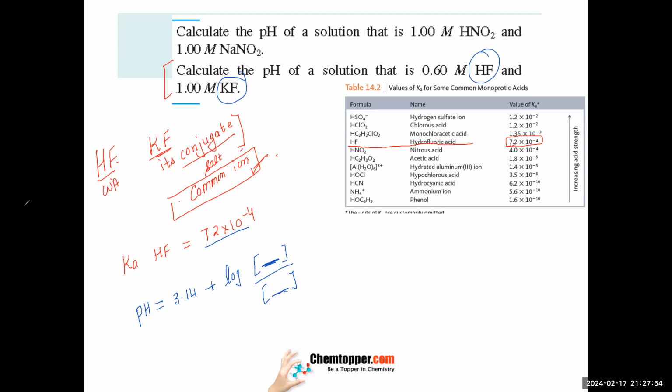How much is KF? 1.00. Is this value going to be greater than 1 or less than 1? If it is greater than 1, this will remain positive, right? And pH will be greater than pKa, right?